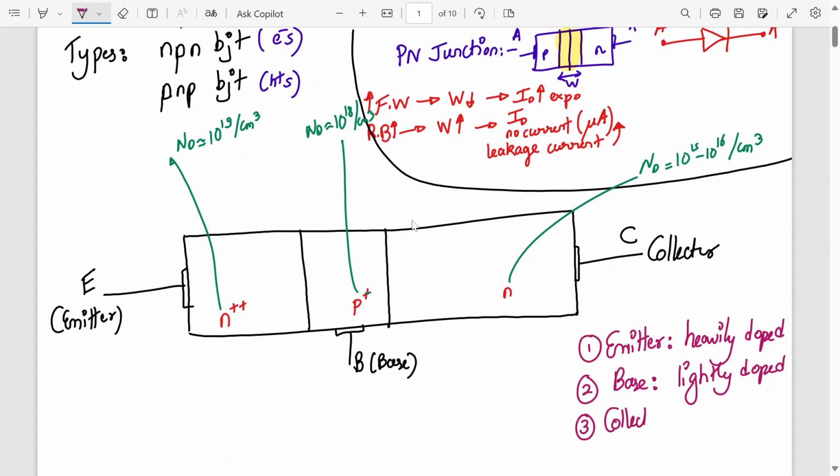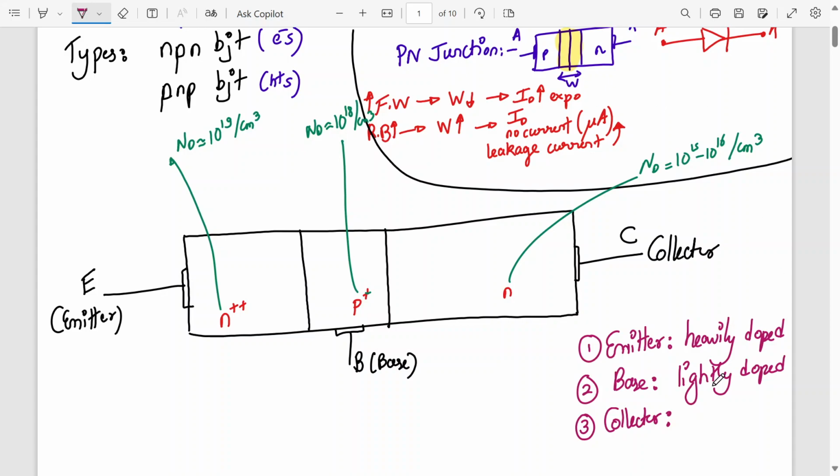Okay, then we have the collector. The collector has the largest area, and it's also lightly doped, not very high, because here the area is small and the concentration is 10 raised to 18. Here the area is wide, but the concentration is 10 raised to 16. So if you fit the same amount of area as the base, then the concentration of the collector is more. But in general, area wise, it's lightly doped only.